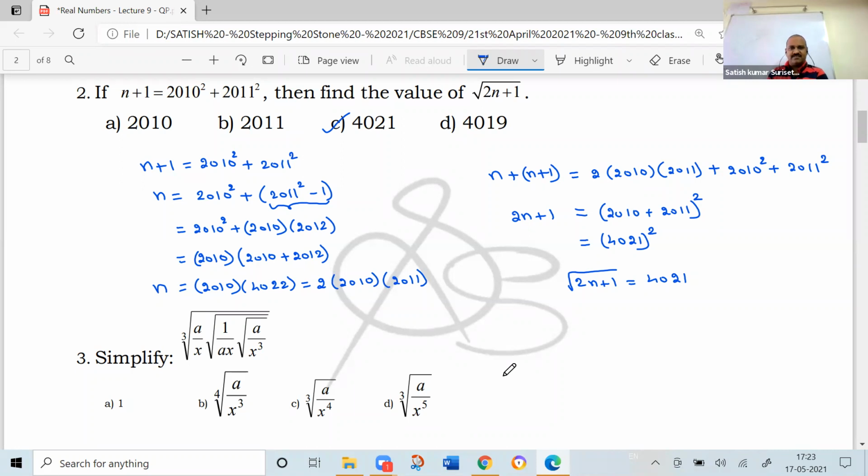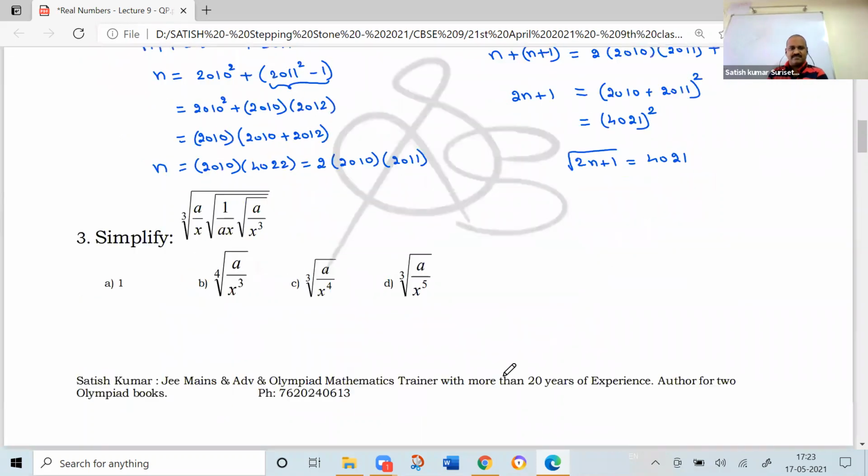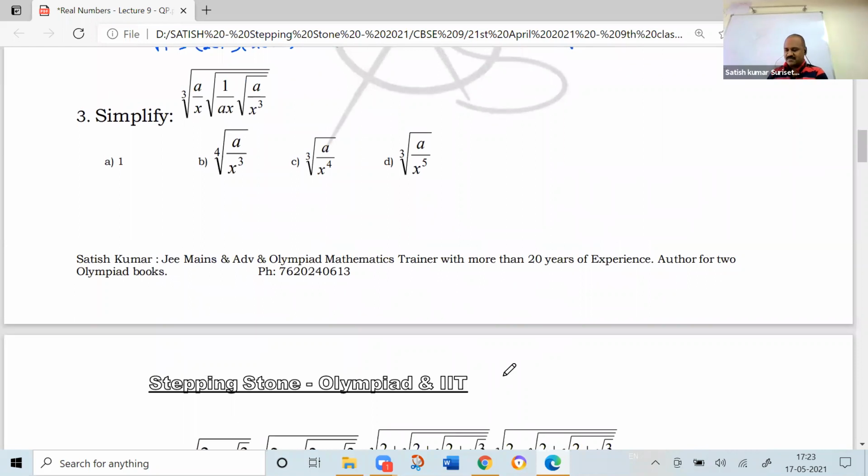Next, third one. Go on, eliminate the inside root and then simplify. Now, cube root of a by x into square root of 1 by x into square root of a by x cube. So let us eliminate the inside square root.